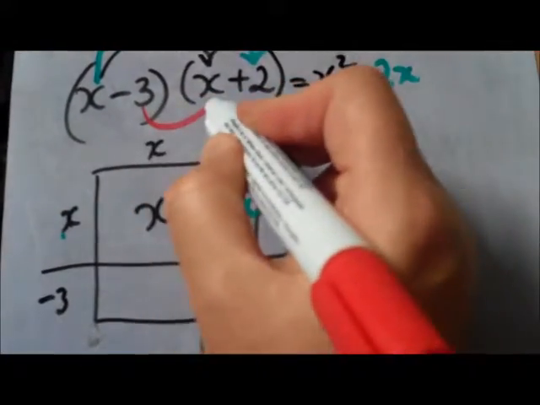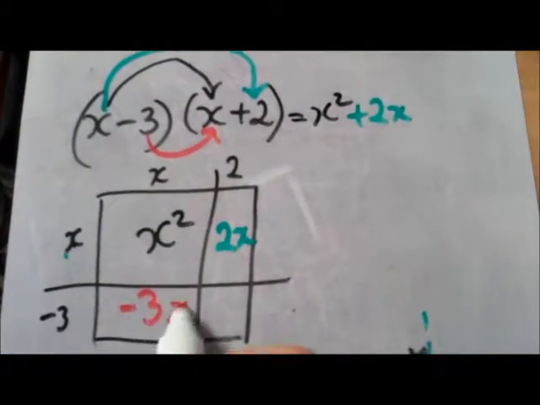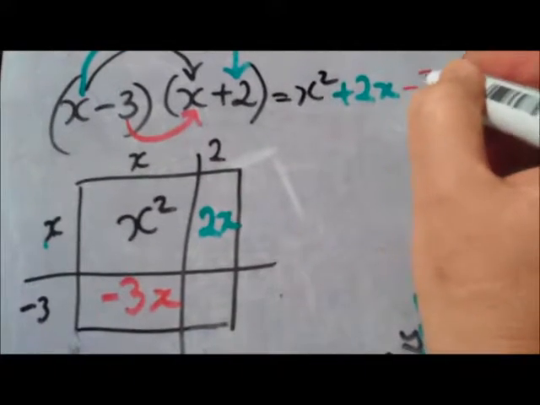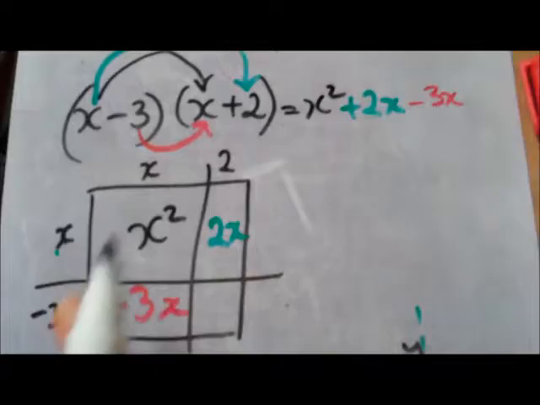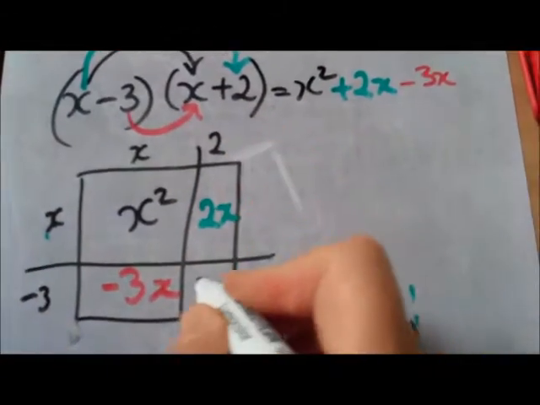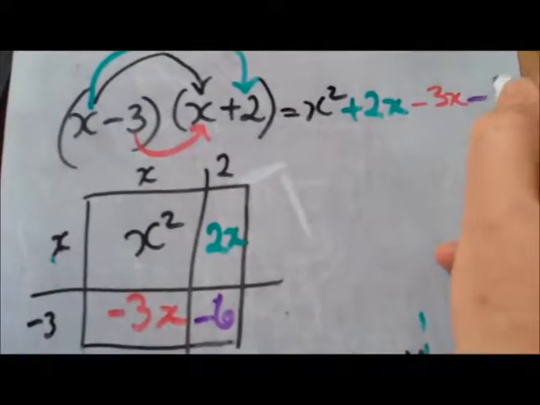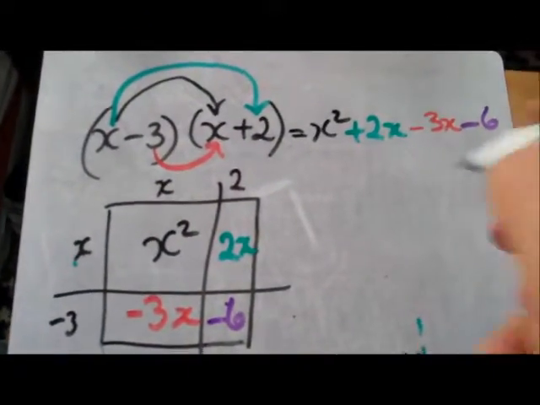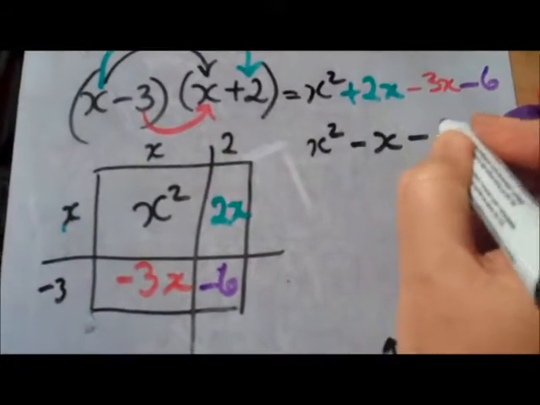Then I've got minus 3 times x, so that's my minus 3x here. And minus 3 times plus 2 is negative 6. So this works out to be x squared minus x minus 6.